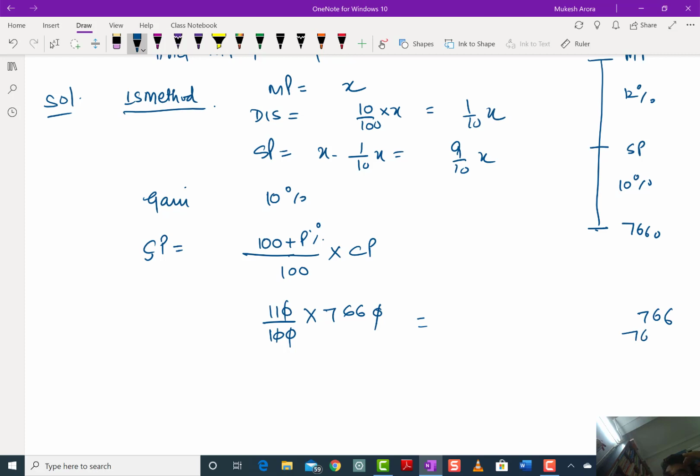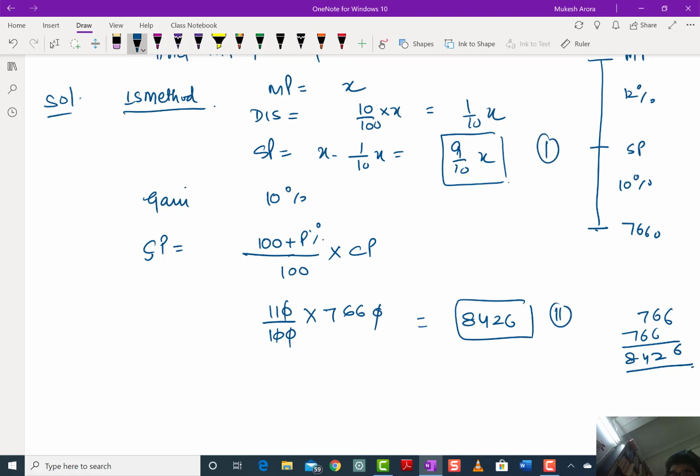That gives 8426, that is SP. This is also SP, 1 and 2. Both the SPs will be equal. 9 by 10 x is equal to 8426, x is equal to 8426 into 10 by 9.